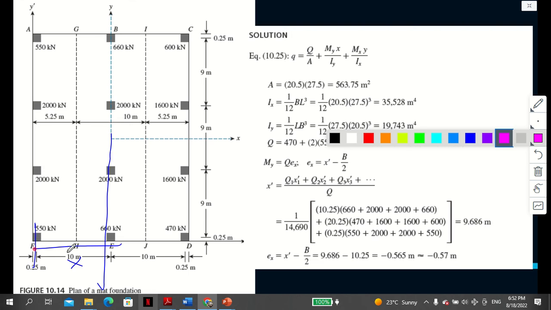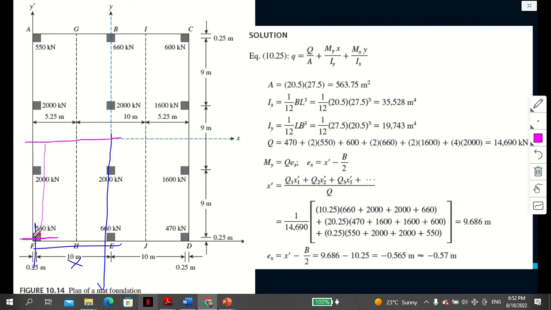So if you're talking about this column, that is your x, and if you're talking about the y, so the centroid. So now you can see here, that would be your y. So if you're told to determine the stresses, the question you'll be asked mostly is to determine the stresses maybe at point F, H, E, and so on.